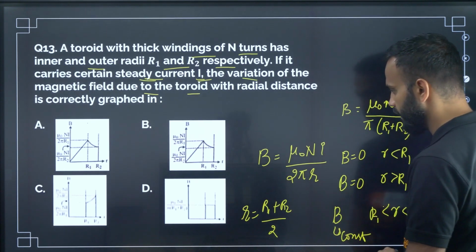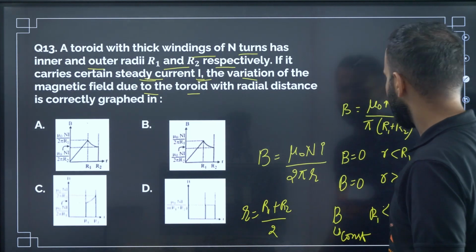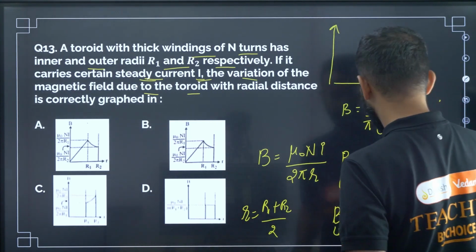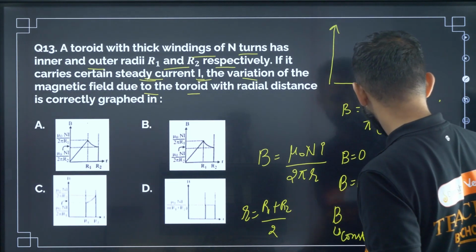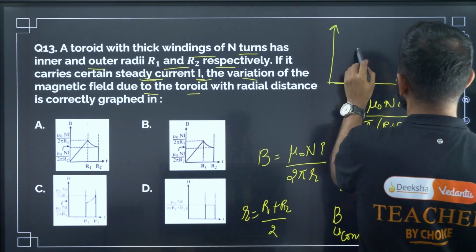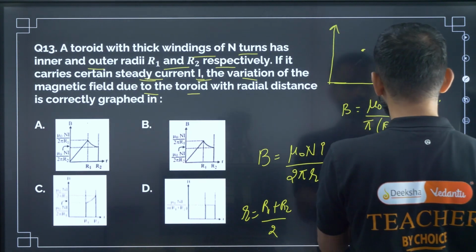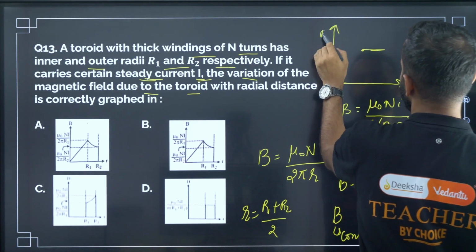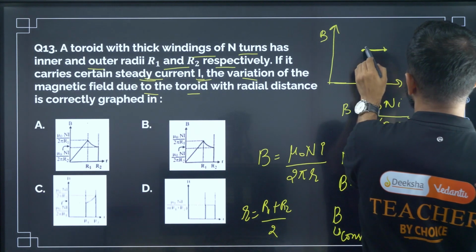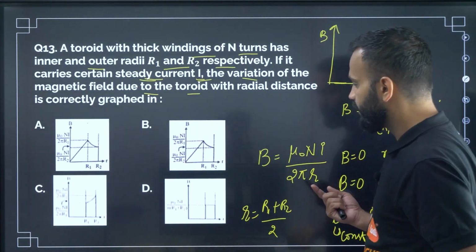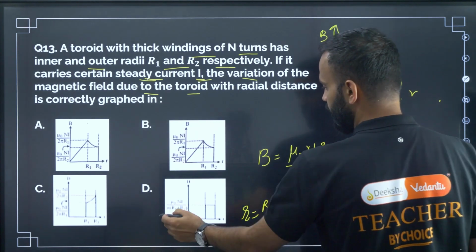So if you draw the graph of B versus R, the magnetic field is 0 till R equal to R1, right? From R equal to R1 to R equal to R2, the magnetic field is constant, and then it's 0, right? So the correct option is D.